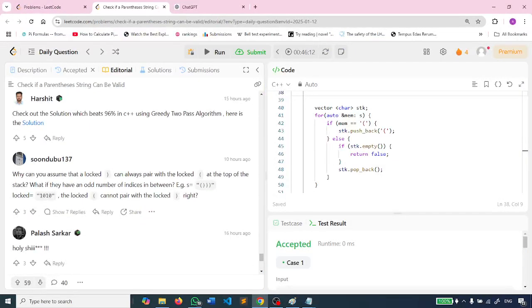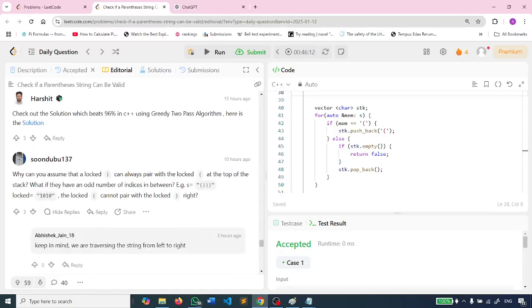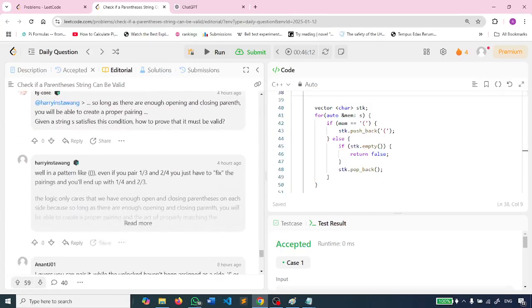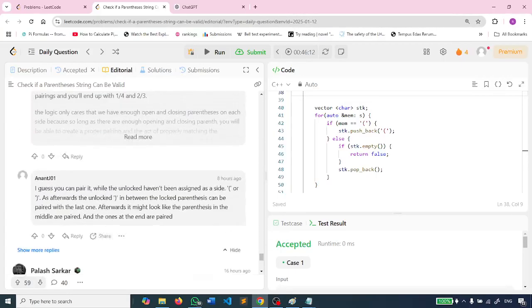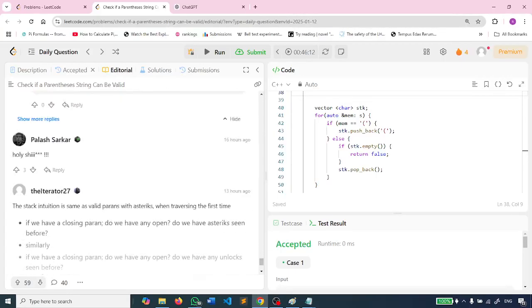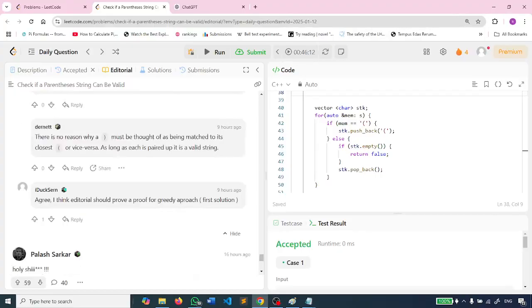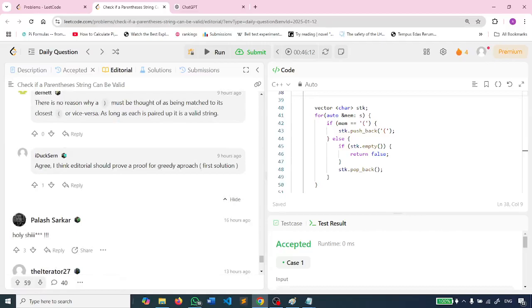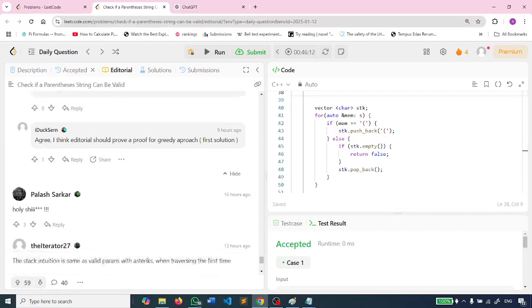Okay, few more cases. Some people are genuinely not convinced with the solution, and these kinds of conversations, I don't know, man. Some people say this works, some people say that works, and at the end, the conversation just dies because nobody has agreed with each other. See, agreed. I think the editorial should have a proof for the greedy approach.